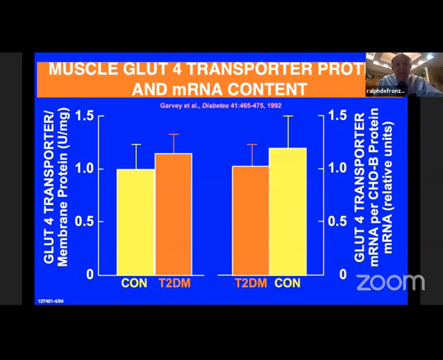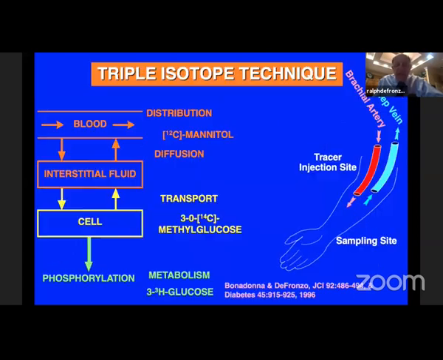And he developed a very sophisticated triple tracer technique to measure glucose uptake in the forearm muscle. To the right, we're going to take these three tracers and inject them into the brachial artery. And then from a deep vein, we're going to collect the tracers as they emanate.